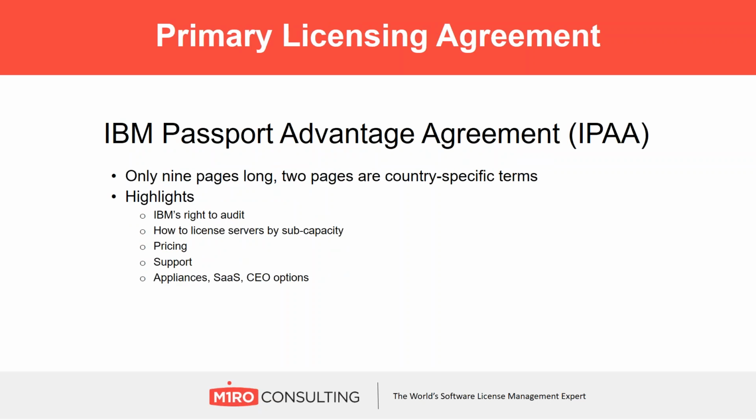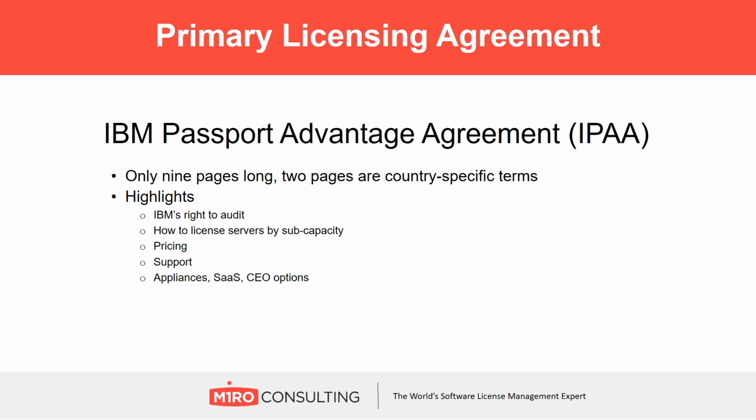Okay, the first one was IBM's Passport Advantage Agreement, and a lot of important stuff is in there, like IBM's right to audit you, and also that license shortfalls could be assessed with 2 years back support, and that's in Section 112. The definition of subcapacity and how you get subcapacity by using their IBM License Metric Tool, or ILMT.